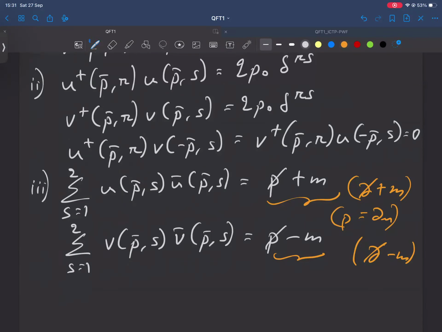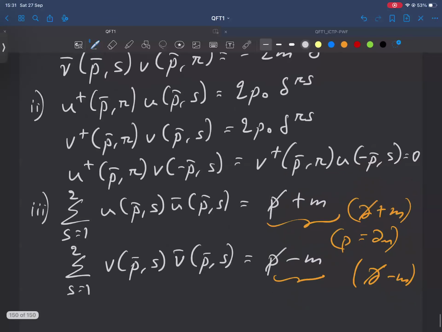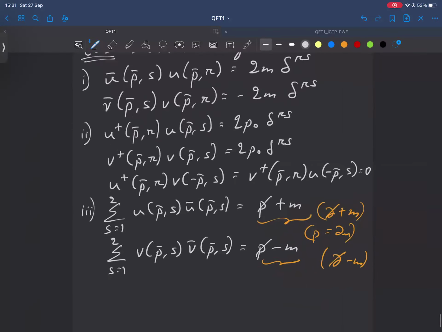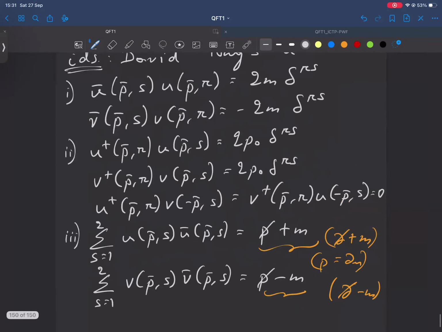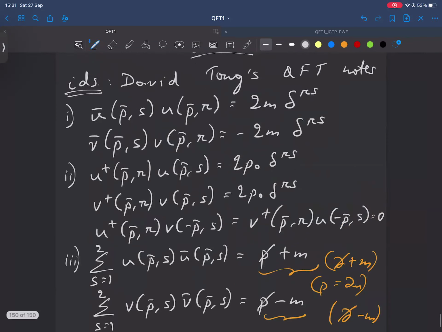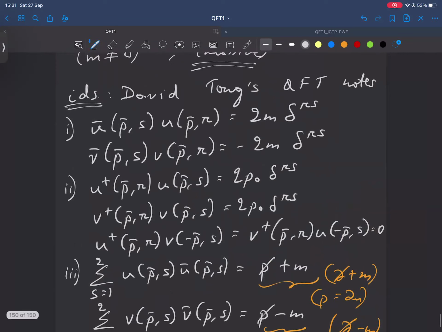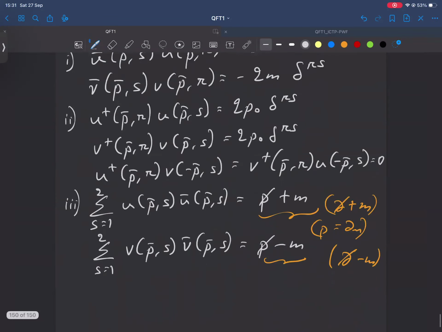So these are some identities which are called spinor identities, spinor completeness relations, inner product, outer product, things like this in the literature. And you can look up David Tong's QFT notes, the section on Dirac quantization, and there he will give you a derivation for these things.